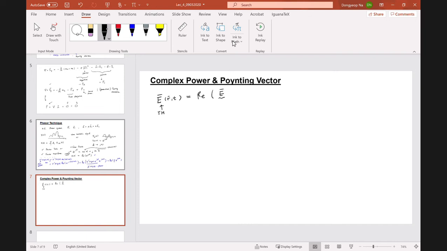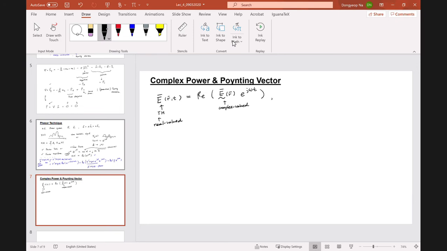Whenever I write a phasor, I'm going to add an underbar, which is only a function of space, and this one is complex valued, but this one is real valued, with the rotating wave term.